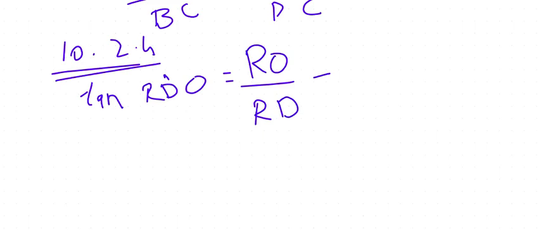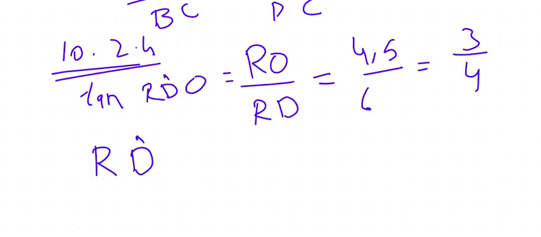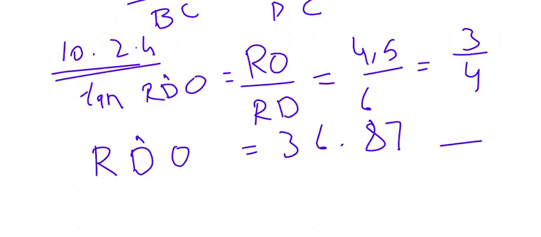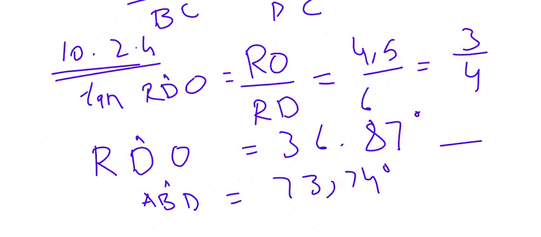So angle RDO equals 36.87 degrees. That is given. So we have ABD, which is 73.74 degrees. This is what we have to find out. This is the required answer.